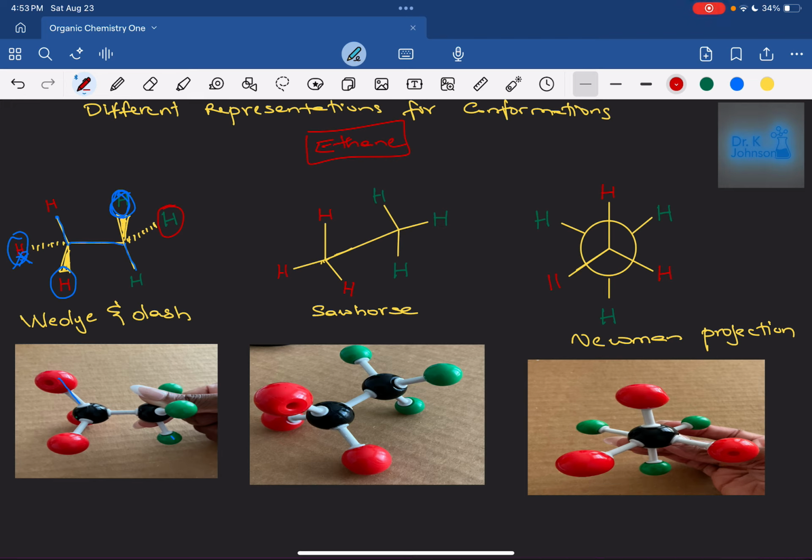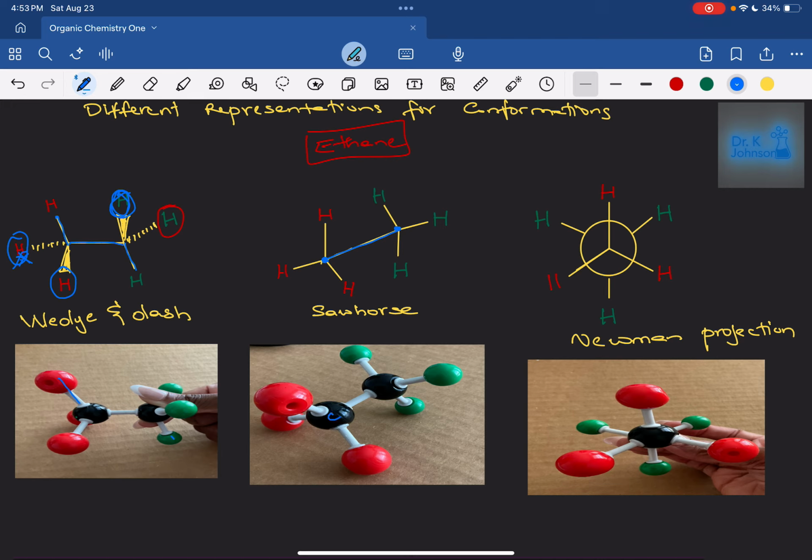Now let's look at our sawhorse. For our sawhorse representation, we're going to use the sawhorse to explain how you draw your Newman projection. For our sawhorse, this is the carbon, and we consider this to be the carbon in the front. It's the closest one to you. It's always bonded to the carbon in the back, right? The carbon in the back is the one furthest away from you.